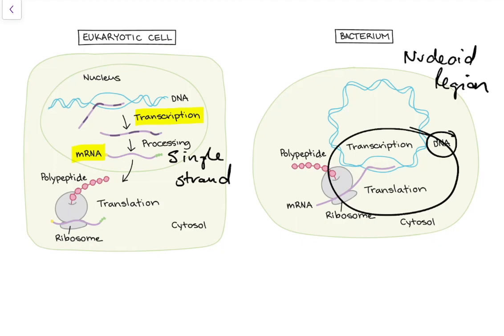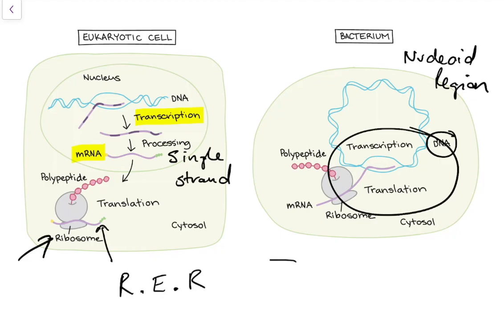Okay, so what we're going to have a look at is the process of what happens once the single strand of mRNA has left the nucleus. This shows a free ribosome, but a lot of the time this will be happening in association with the rough endoplasmic reticulum.